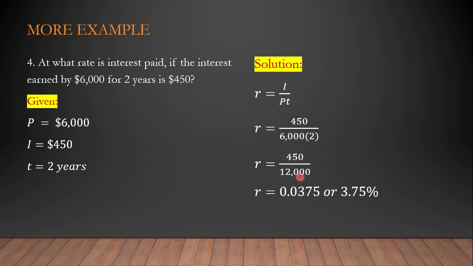Ang lalabas is R is equal to 0.0375 in decimal. Gusto mo siya i-convert into percent, multiply mo lang siya by 100%. Kalabasan is 3.75%. So, eto na po yung sagot sa problem na to. This is the rate.